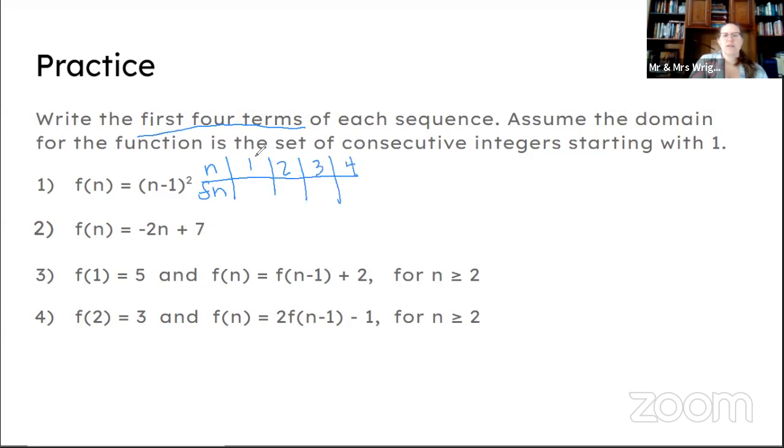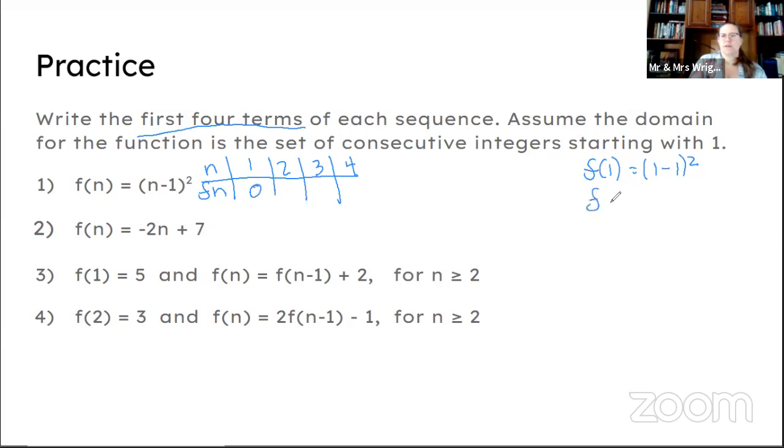Okay, so all we have to do is plug in this 1 right here where the n is and see what our answer is. I'm going to do the work off to the side over here. F of 1 is 1 minus 1 squared. Well, 1 minus 1 is 0. 0 squared is 0.